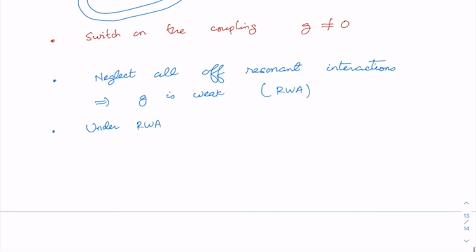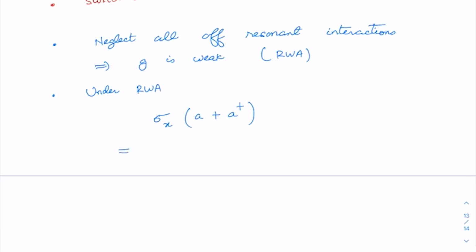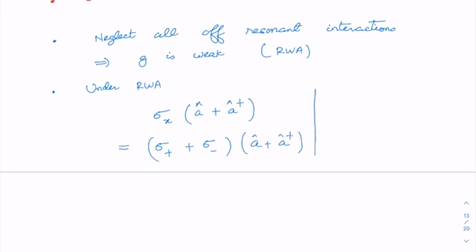Now under the so-called RWA, we can write the last term in the Jaynes-Cummings Hamiltonian, sigma x times a plus a dagger, in this form. Sigma x can be written as sigma plus plus sigma minus. Let me explain that. You see, sigma x is equal to 0 1 1 0.